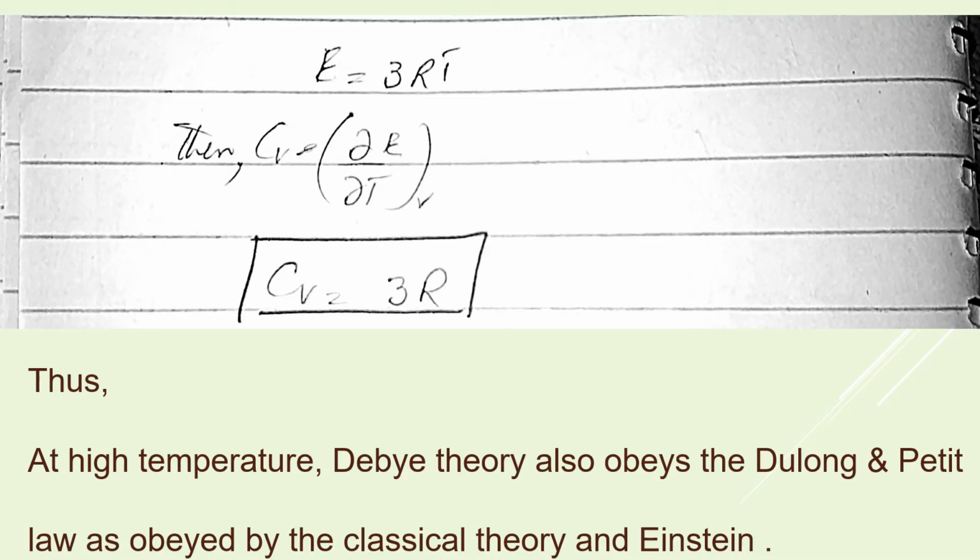Then E is equal to 3RT. So the equation for CV is equal to partial E over partial T at constant volume is equal to 3R. CV is equal to 3R. Thus, at high temperature, the Debye model also obeys the Dulong and Petit law, as we have observed before, and that obeys the classical theory and the Einstein theory.